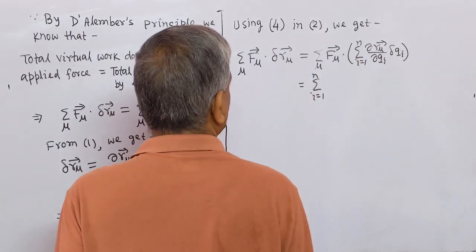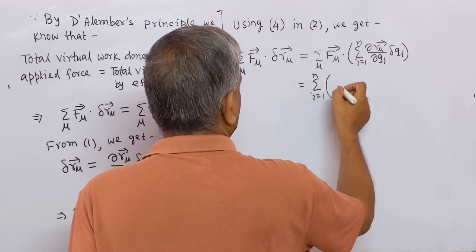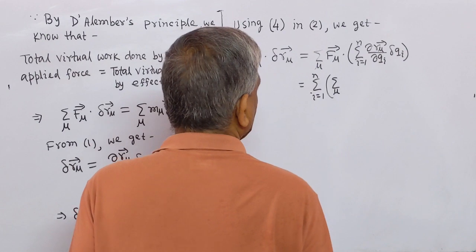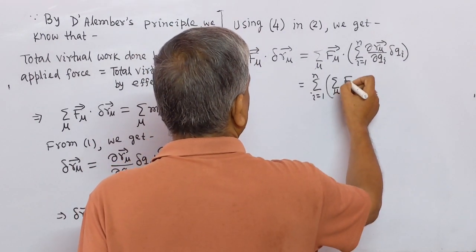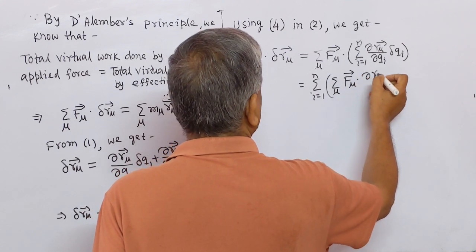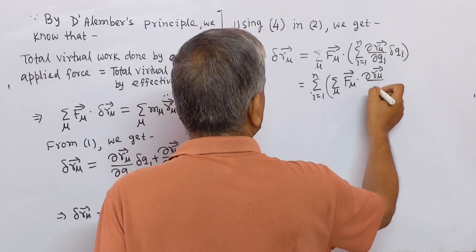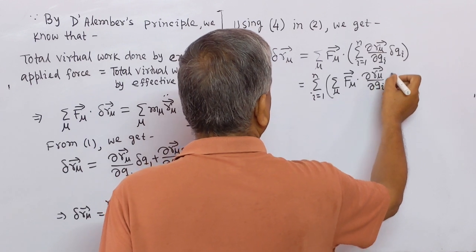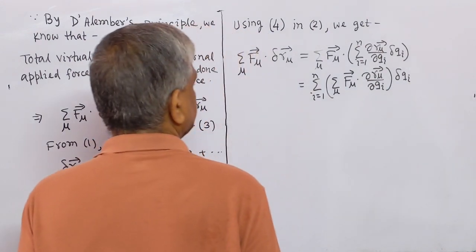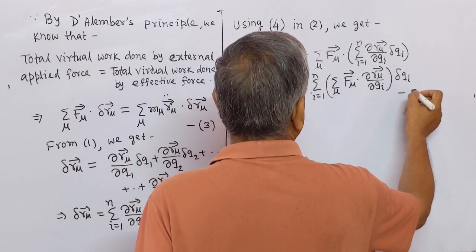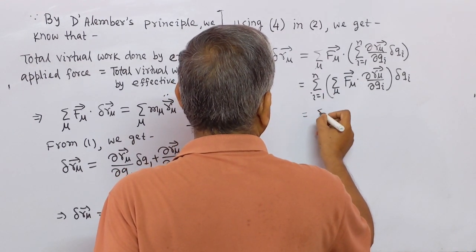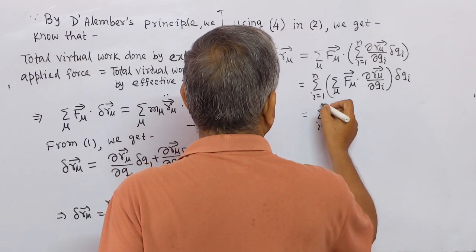We may take this outside, and here we take sigma mu F mu vector dot the partial derivative of R mu with respect to qi times delta qi. This is number 5.